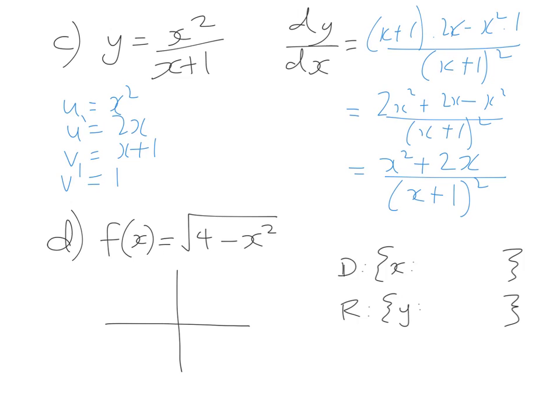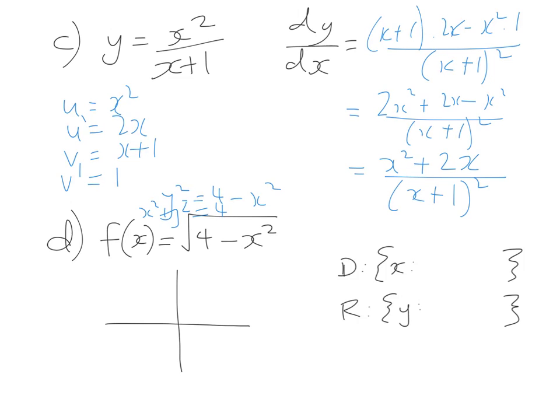Alright, D. Now this is a semicircle, mainly because if you square both sides you get y squared equals 4 minus x squared, therefore x squared plus y squared equals 4 is a whole circle, but we're only taking the positive result.